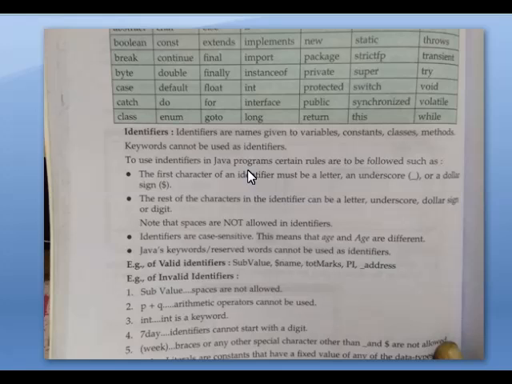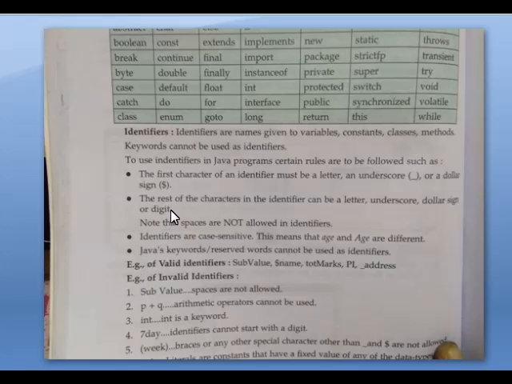So when we are using a variable name, we cannot use any of the keywords in the table as a variable name. The first character of an identifier must be a letter, an underscore, or a dollar symbol. The rest of the characters can be letters, underscore, dollar sign, or digits.